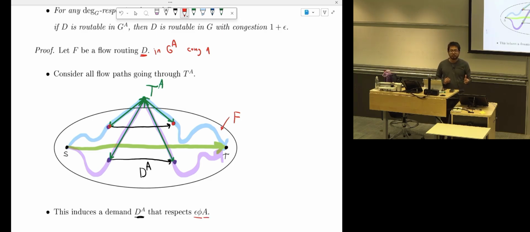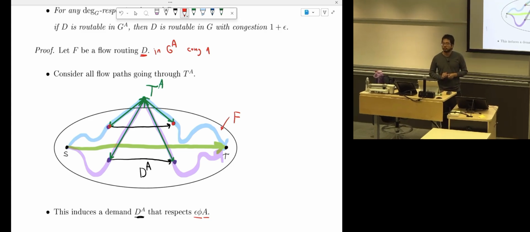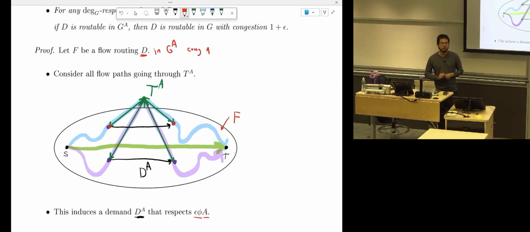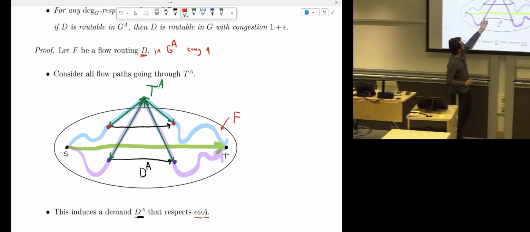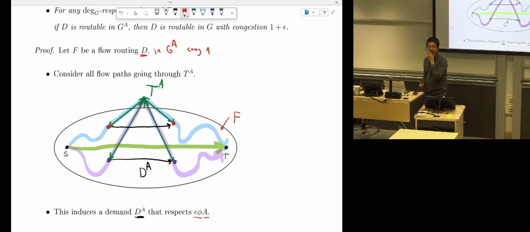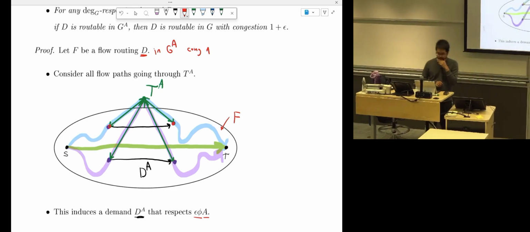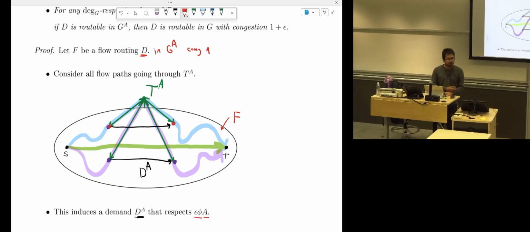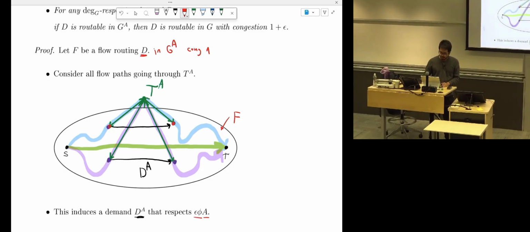Why is that? Why would dA respect epsilon phi A? What's the capacity of this edge? It's just epsilon phi.